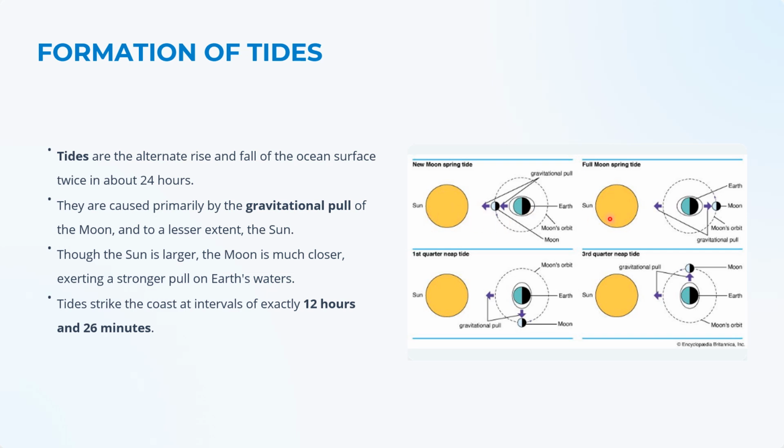And due to the moon's lunar rotation around the earth, every high tide and low tide is taking place in almost every 12 hours. So in 24 hours we get 2 high tides and 2 low tides in any area, right?